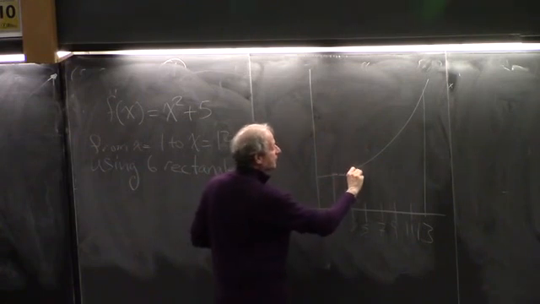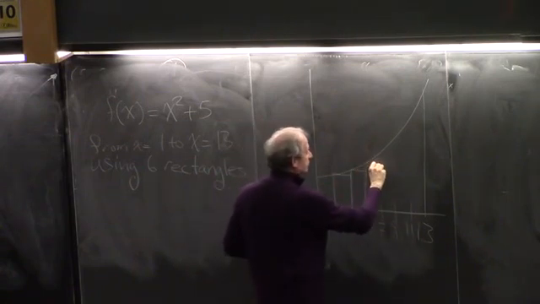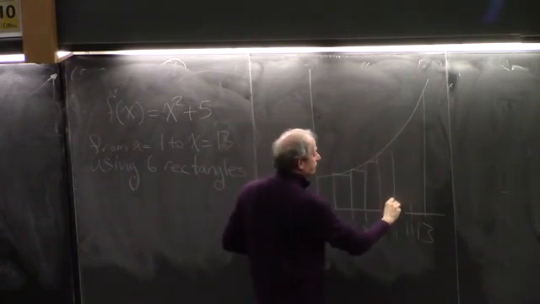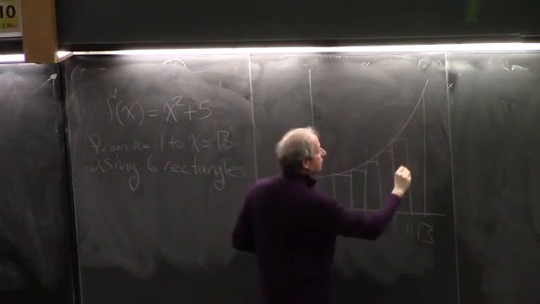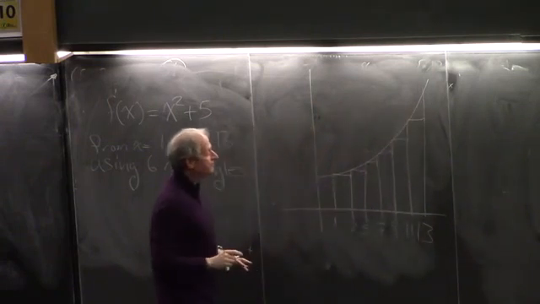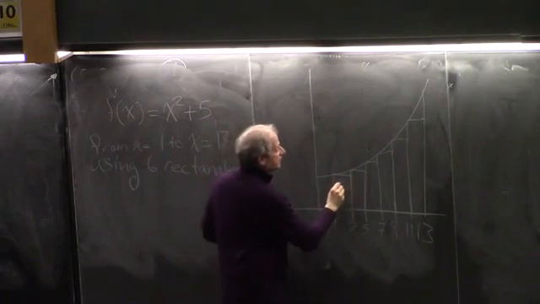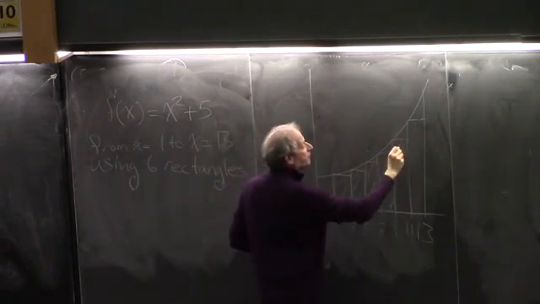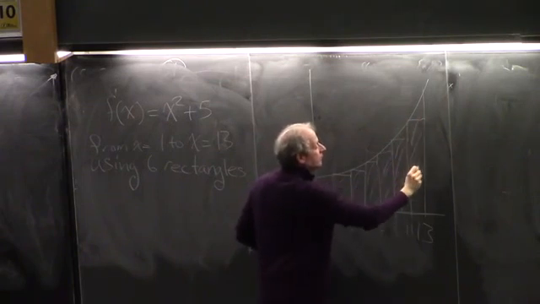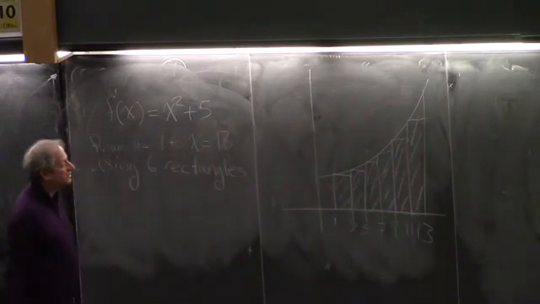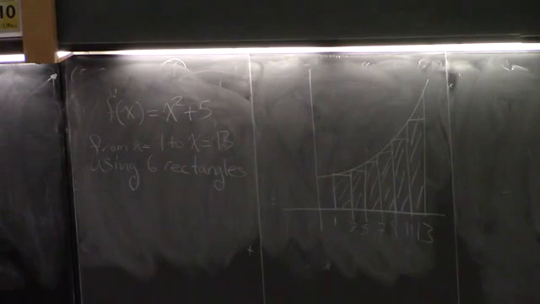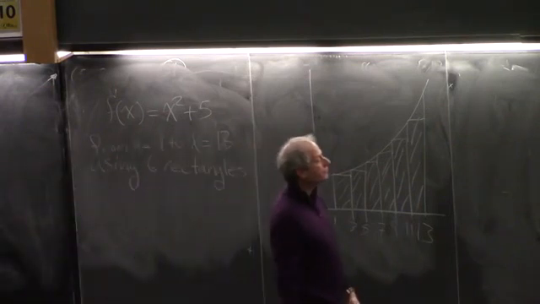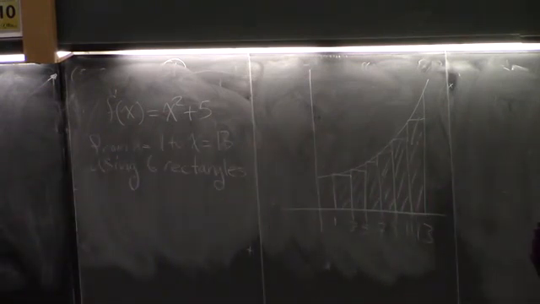And that gets me the height of the rectangles. Like that. Now I know this height is going to be too small. But remember, this curve is sort of blown up. And I'm going to make a good guess. So these are what we call left-hand rectangles. Do that over here.